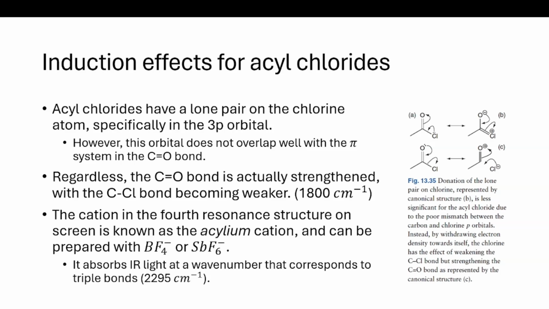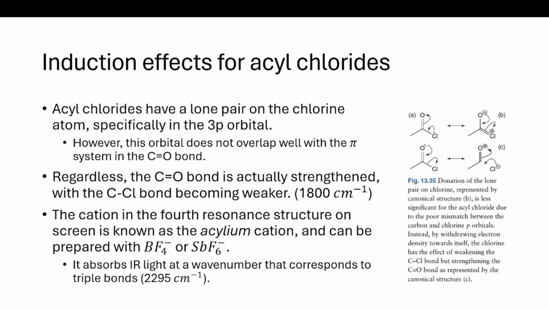Regardless, that carbonyl bond is actually strengthened, with the carbon-chlorine bond becoming weaker. We can see that in structure C, although it is a bit dramatized, that carbonyl bond will get stronger while that carbon-chlorine bond will get weaker, meaning that we're going to get absorption around 1800 per centimeter.